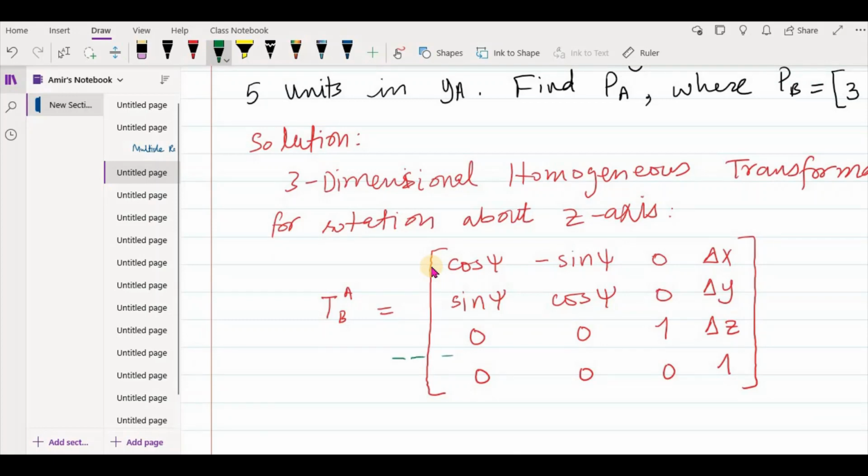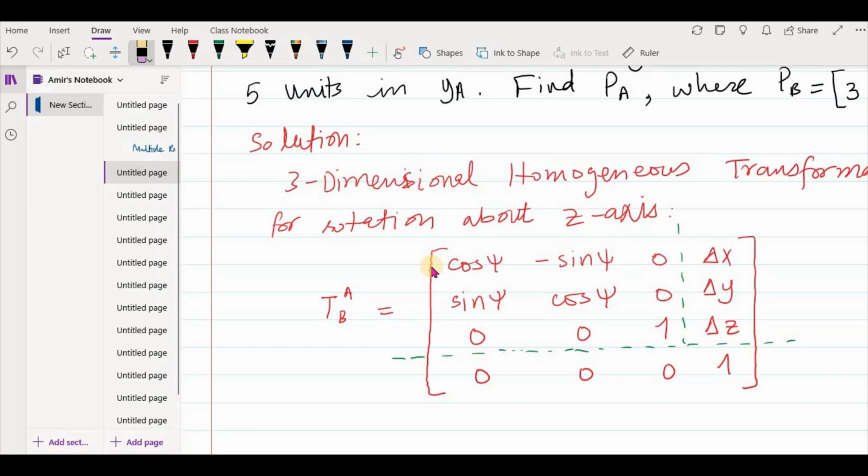So here I will draw something like this. This portion shows a 3D rotation. Here this shows a 3D translation, and this portion is to make the matrix homogeneous, which makes calculation easier.